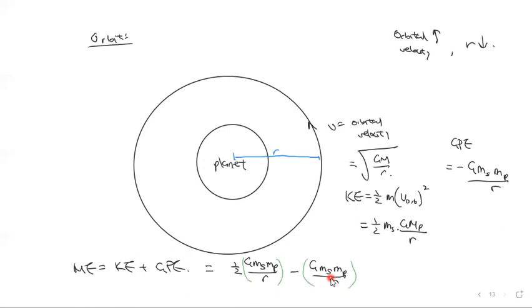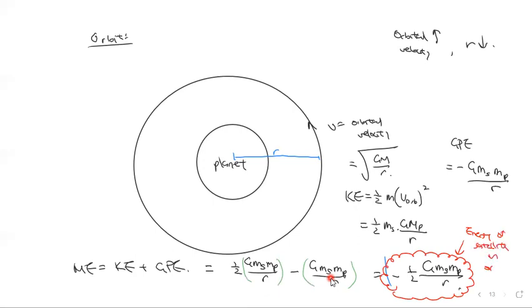But basically that means the result is negative half G mass of the satellite mass of the planet over r. And that therefore is the total energy of a satellite in orbit. That's the calculation side of things.